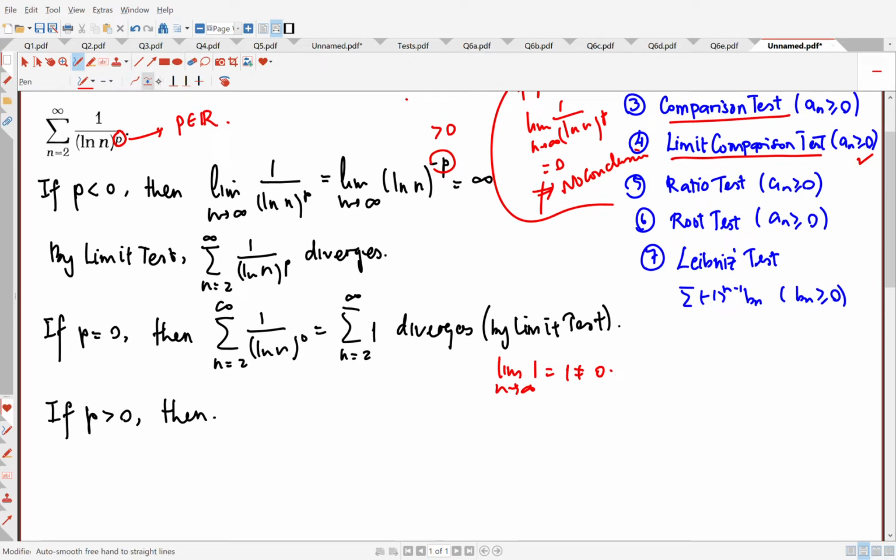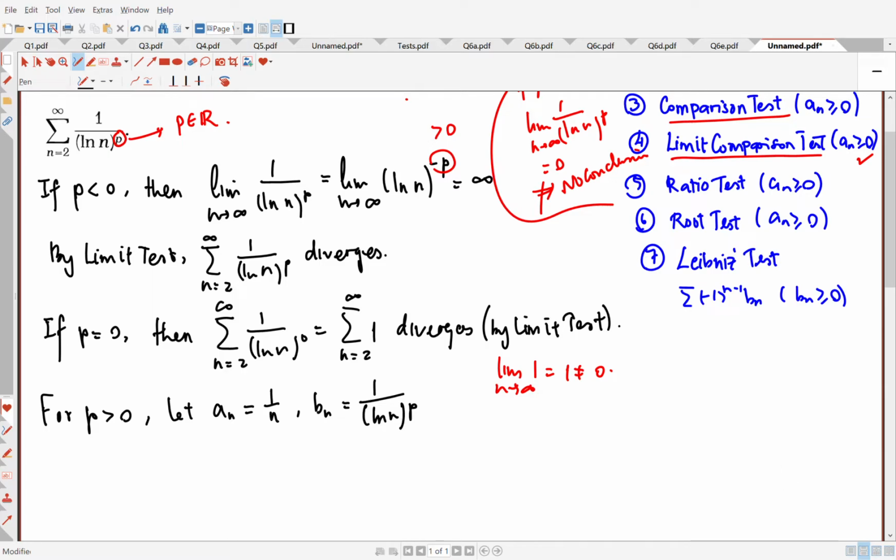Okay, so for p more than 0, let an be 1 over n and bn be 1 over ln n power p.